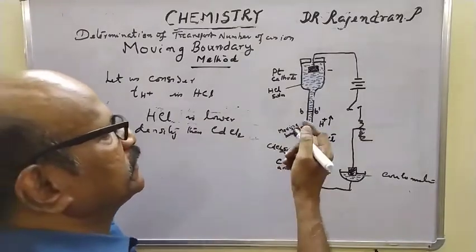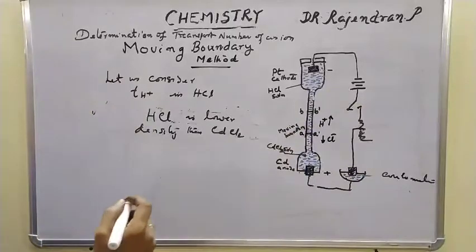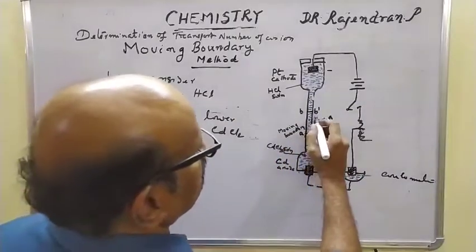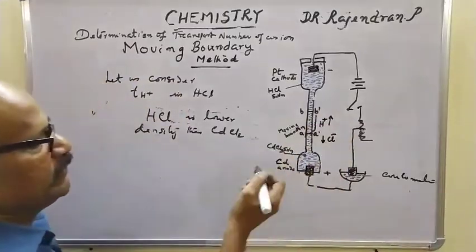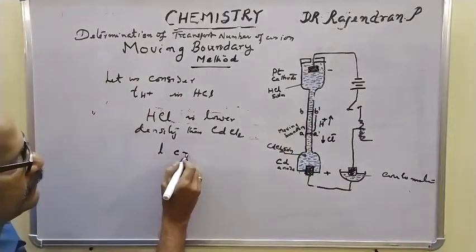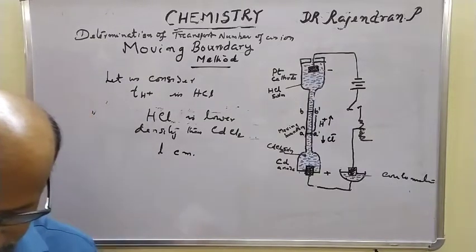You find out the distance traveled by the boundary. Let L be the distance traveled. So the distance between A dash and B dash is L centimeter. Okay, that's the situation.